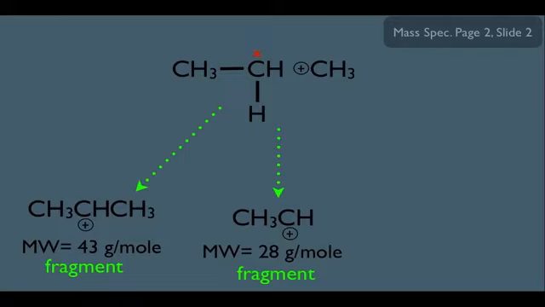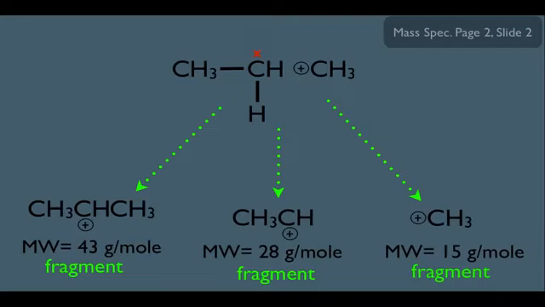And again, it is this species right here that will be detected, and this species here would not be detected. And it just so happens that this carbocation fragment weighs 15 grams per mole. Again, look what we're doing here. We're just simply studying the way that propane can fragment or break up.